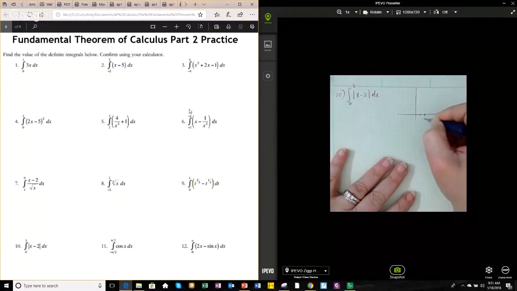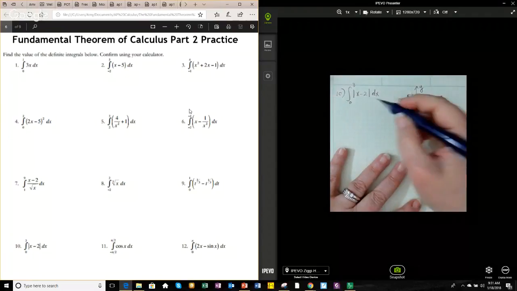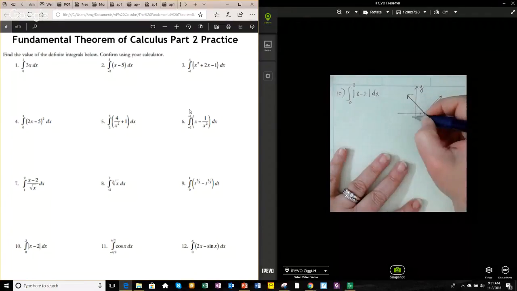So here we go. This is 2. And we know that our absolute value function is going to look like this because it has a slope of 1. So I'm going to have 1 and negative 1 here. I always go back to the graph when I'm finding the definite integrals of absolute value. And we're going to go from 0 to 3. That's nothing more than the area under this curve, which is 2 triangles.